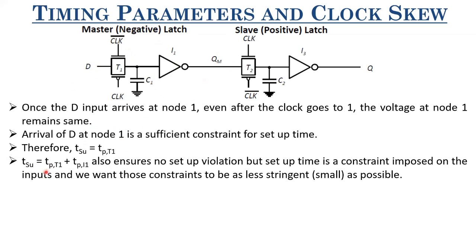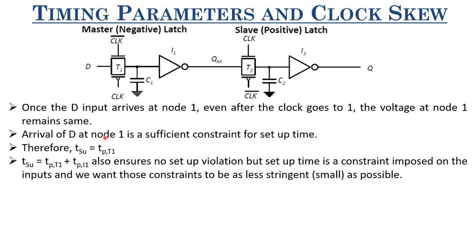But if you are making this T setup as TP-T1 plus TP-I1, although this is ensuring that whatever value of D was sampled is coming perfectly at QM, at the same time you are putting a lot of constraints on the input. You are trying to make the input stable for a large amount of time, which may not always be feasible, because these inputs are coming from several different sources, right?